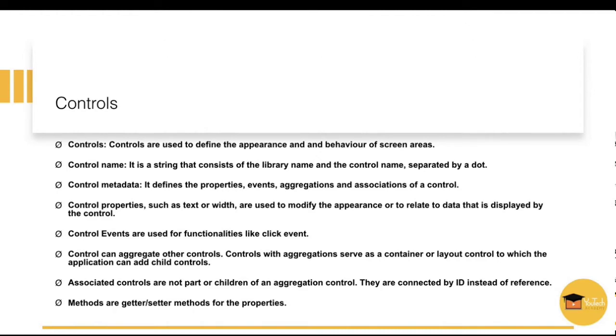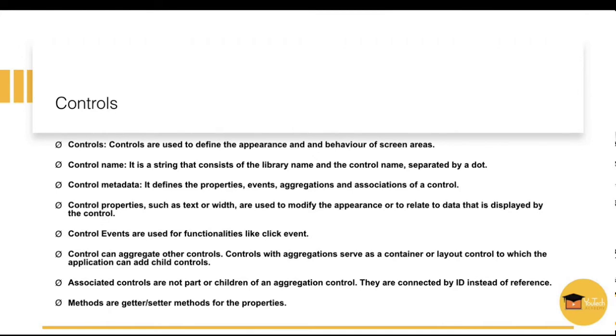A control can aggregate other controls, which serves as a container or layout and contains other child controls. Associated controls are connected by ID to other controls. Methods are getter and setter methods for the properties.